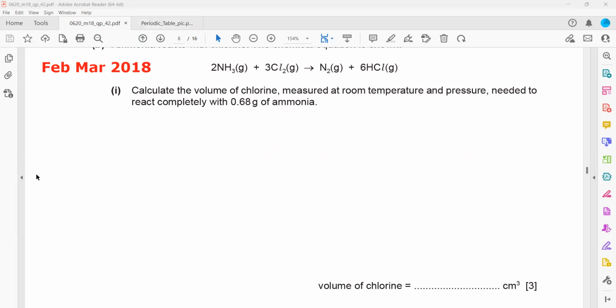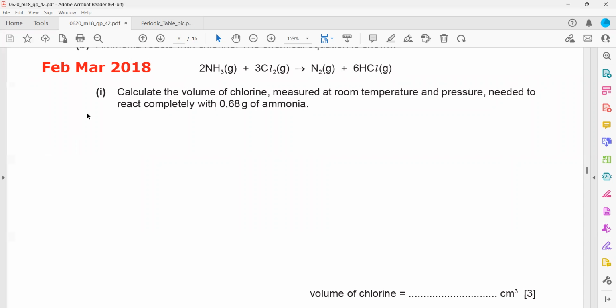So starting the session with the Feb-March 2018 moles question. Most of the moles questions, you will find the steps are there. You don't have to solve the full question by yourself. Usually you solve one part at a time and eventually you get the final answer.